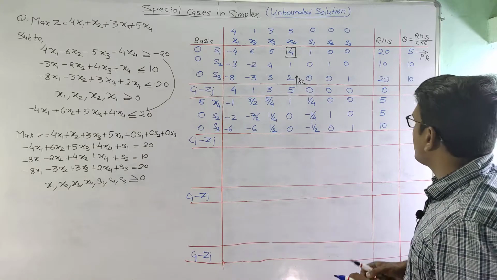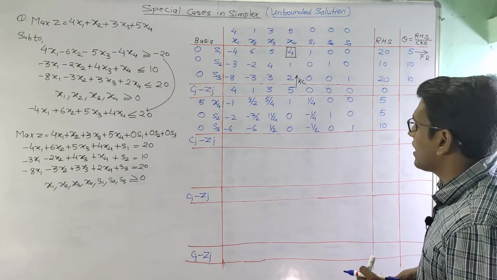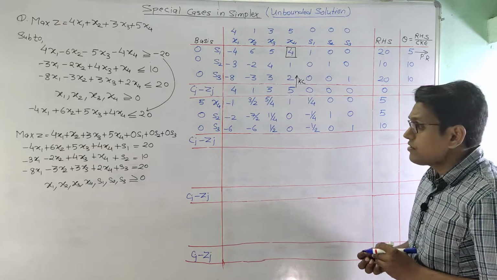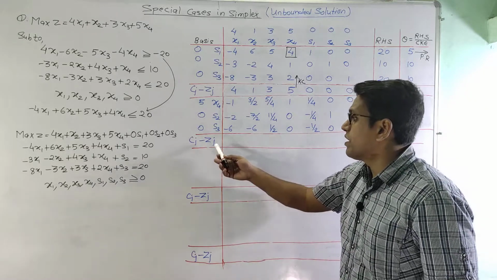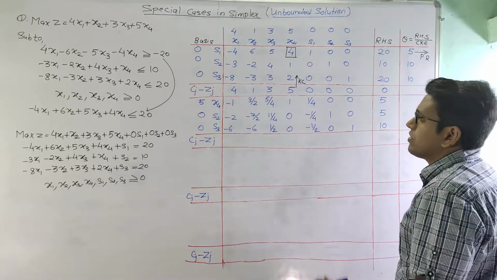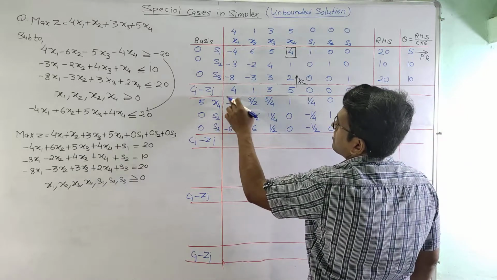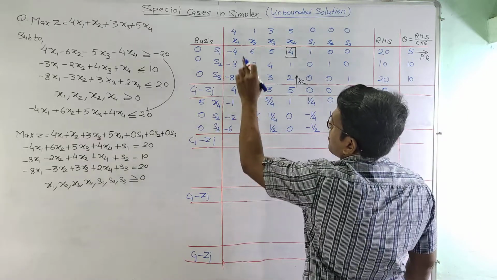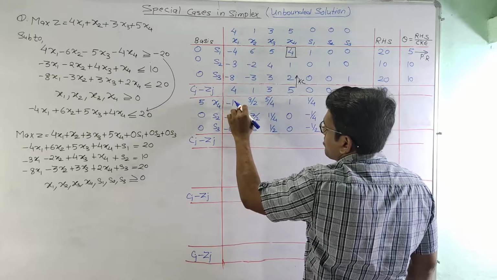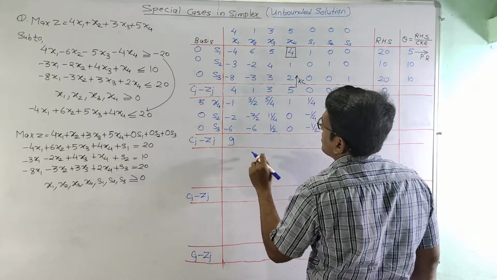Now, so we have calculated this matrix, and now we need to calculate Cj minus Zj to find out the optimality. So this will be minus of -5. 4 minus of -5 is +5, so this will be 9.